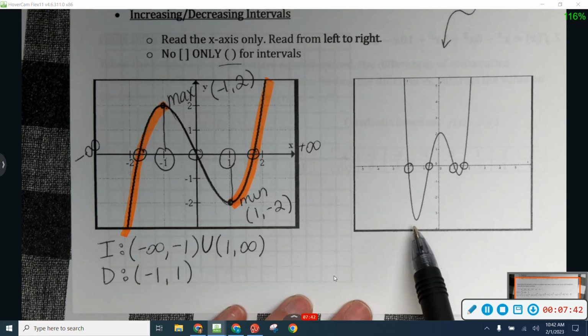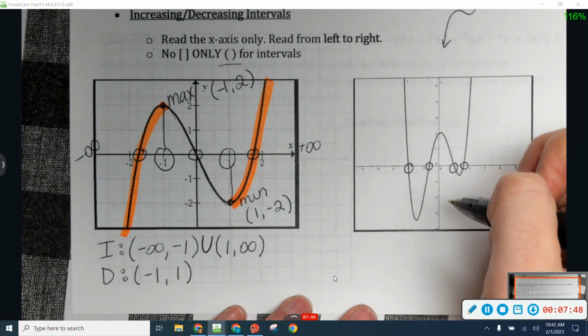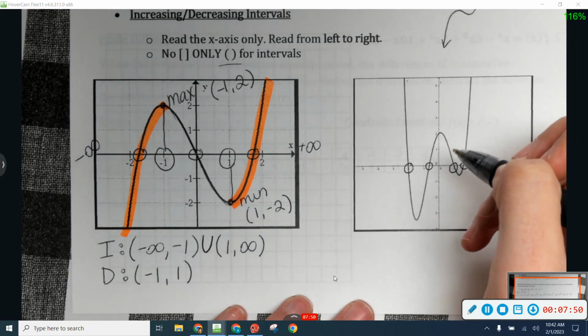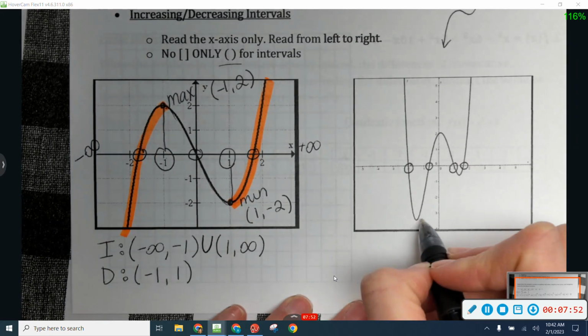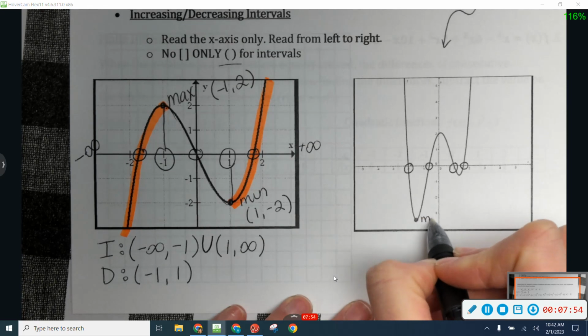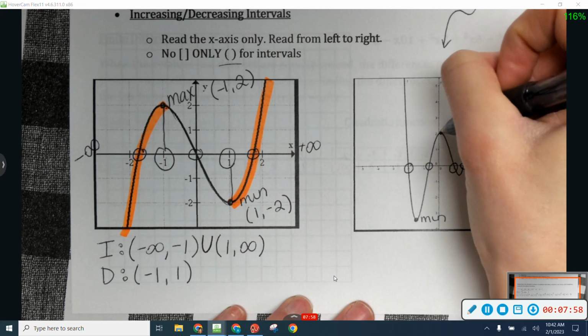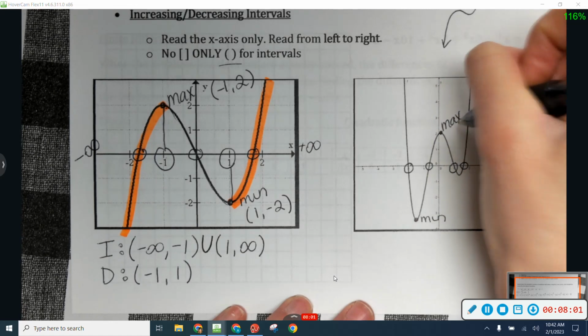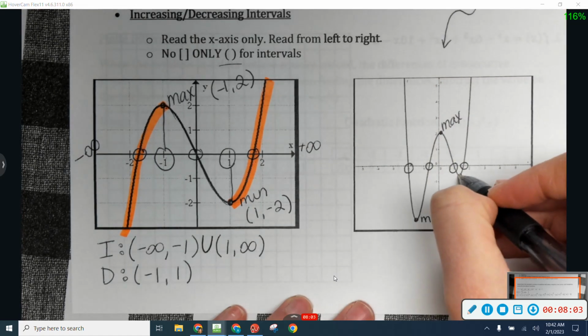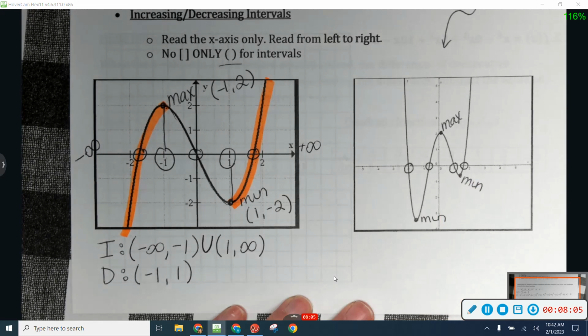So I at least would have a 4th degree function. Okay? So if I'm looking at my max and mins, I have a minimum right here. I have a maximum right here, and another minimum right there.